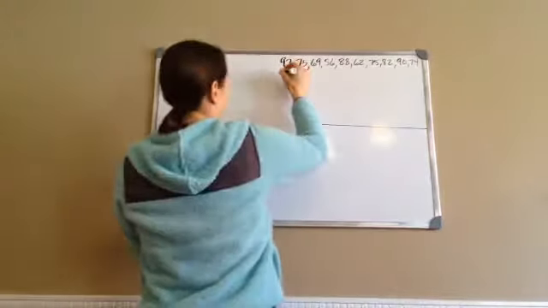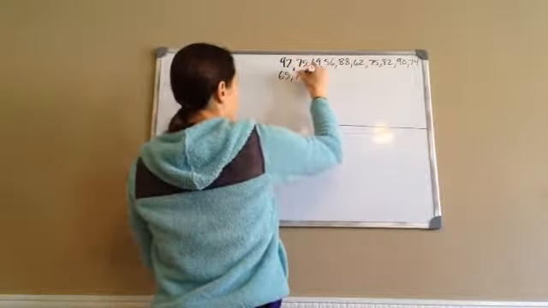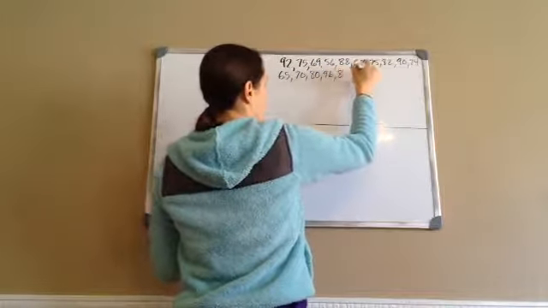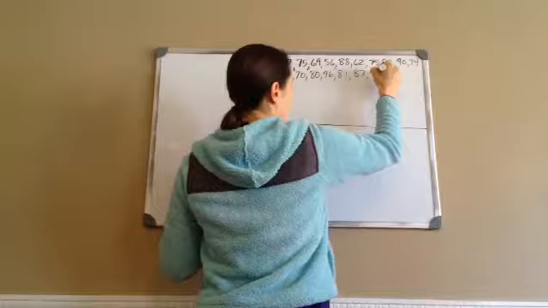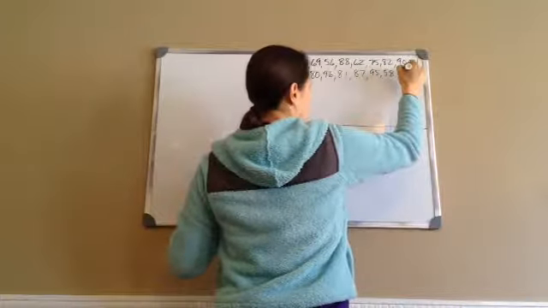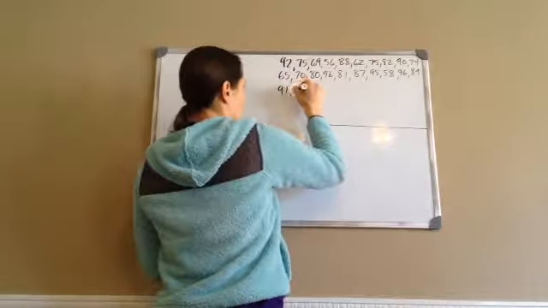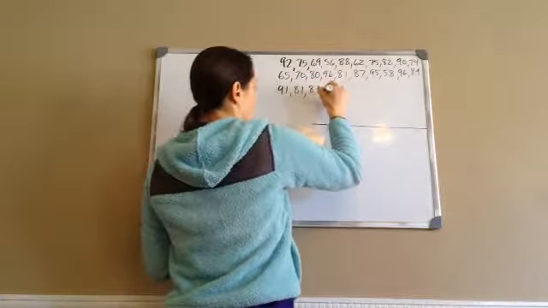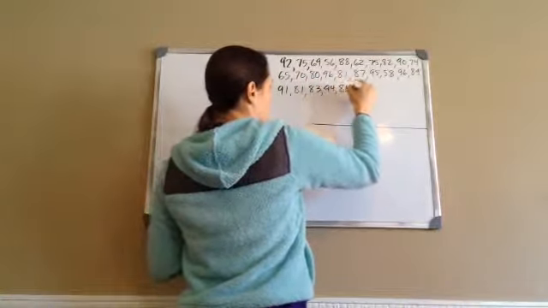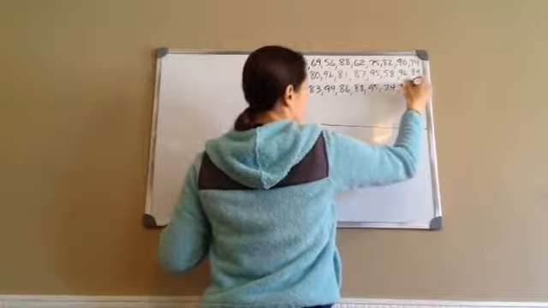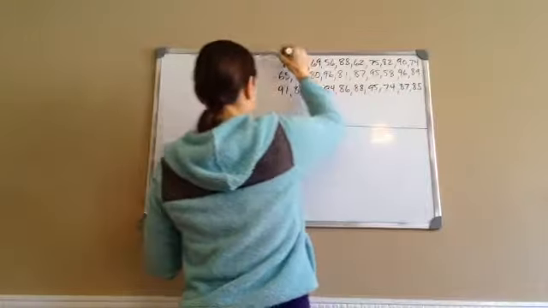Okay. 65, 70, 80, 96, 81, 87, 95, 58, 96, 89, 91, 81, 83, 94, 86, 88, 95, 74, 87, 85. Thank you very much.